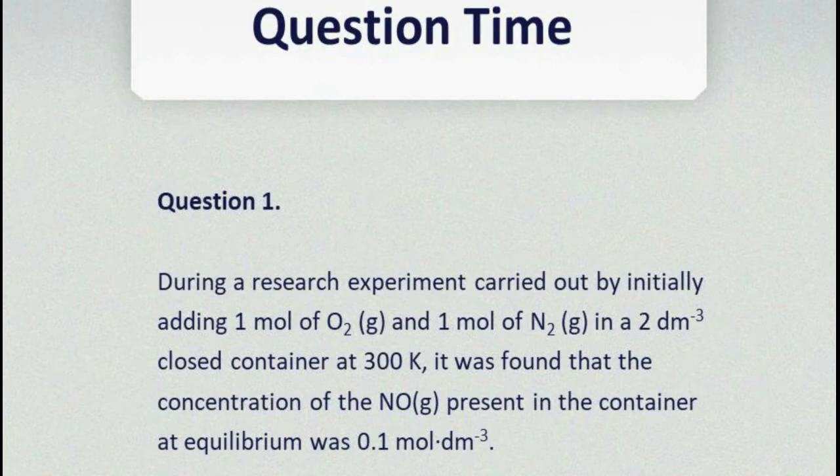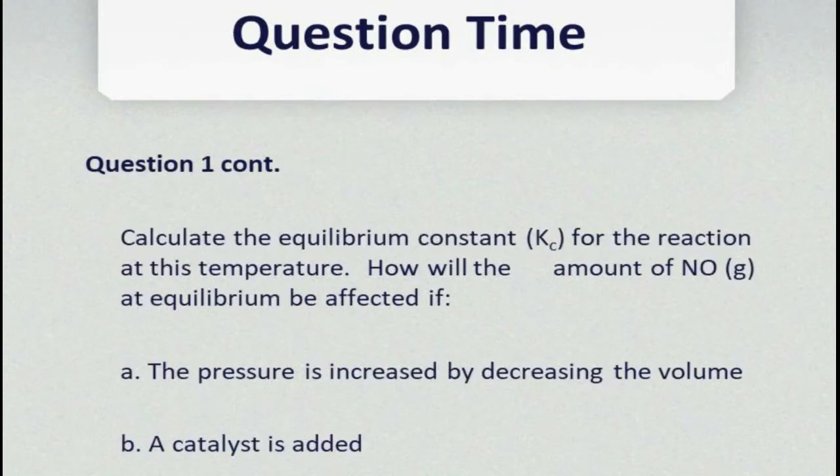During a research experiment carried out by initially adding 1 mole of oxygen gas and 1 mole of nitrogen gas in a 2 decimeter cube closed container at 300 Kelvin, it was found that the concentration of the NO gas present in the container at equilibrium was 0.1 mole per decimeter cube.